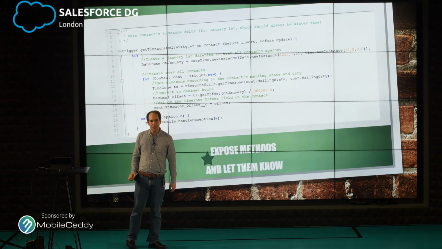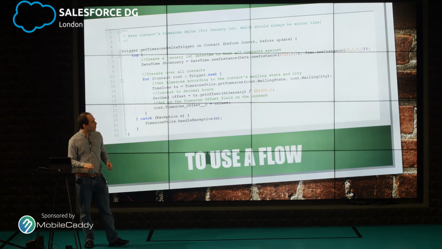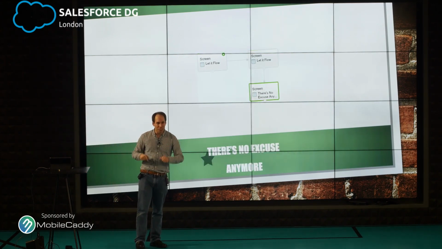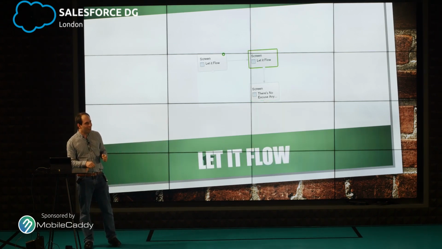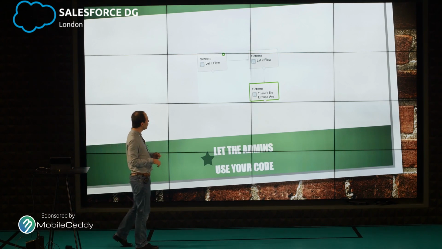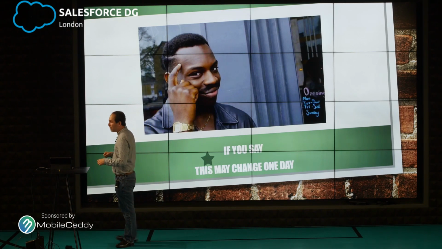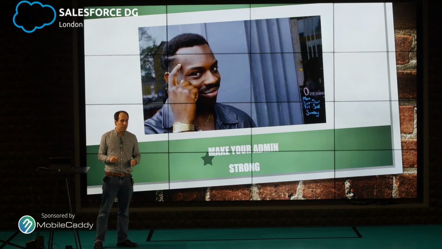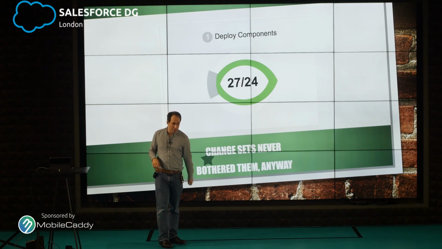Expose methods so they will know to use the flow. Let it flow. There's no excuse anymore. Let it flow, let it flow. Let the admins use your code. If you say change one day, you make your admin strong. Change that's never bothered them anyway.